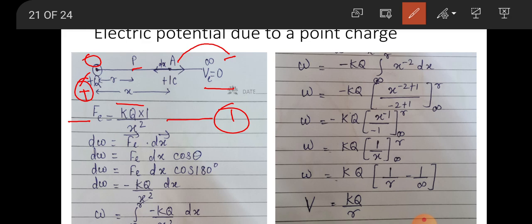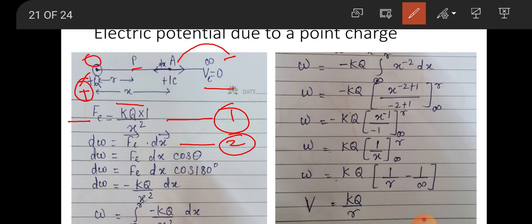While moving that charge, work has to be done on that charge, and that small work done is equal to force into displacement. So dW is equal to vector Fe dot vector dx. Now to remove this dot product between force and displacement, we need to take cos theta.